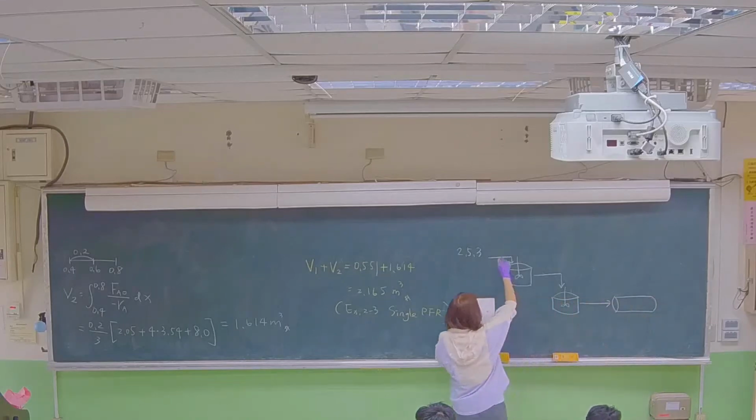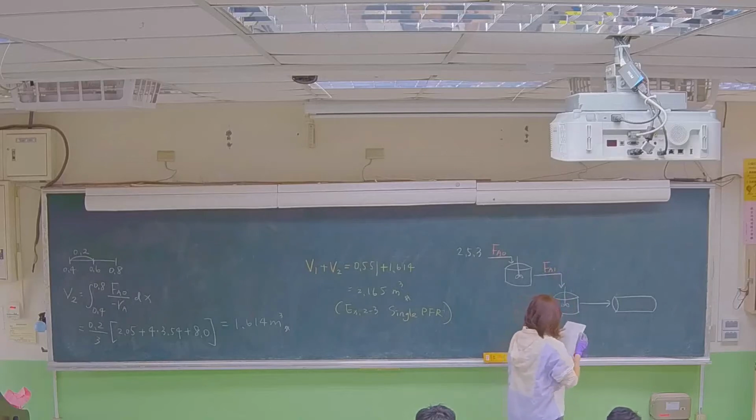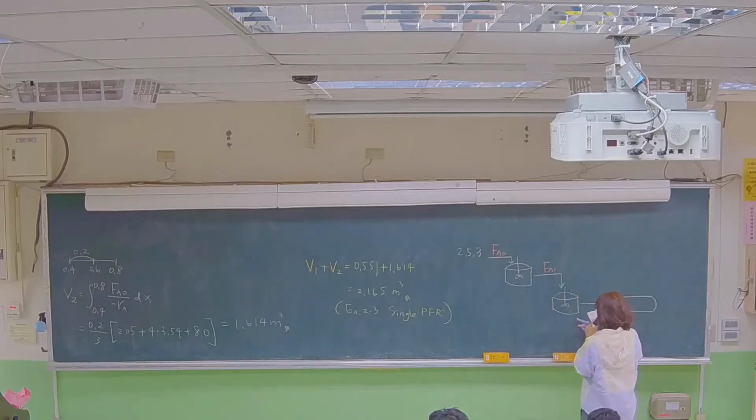At the beginning, the molar flow rate is FA0. After passing the first reactor, molar flow rate is FA1. After passing the second reactor, the molar flow rate is FA2.